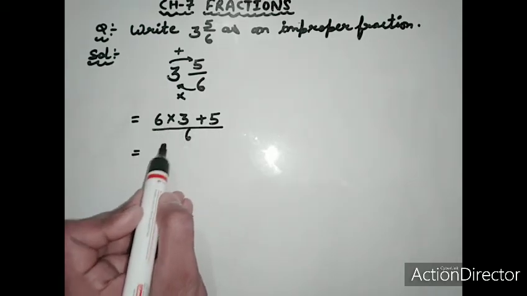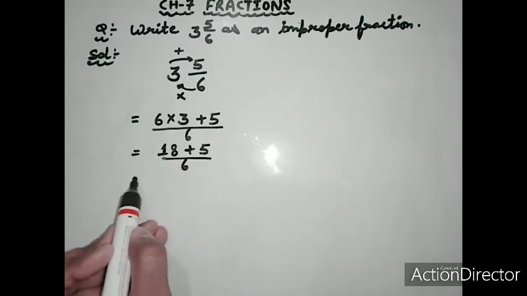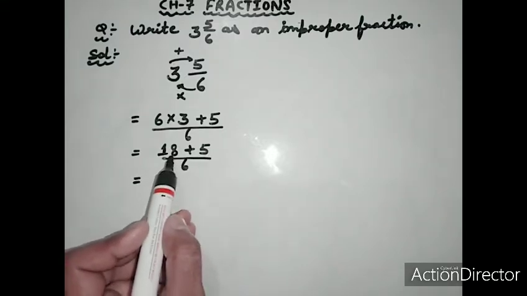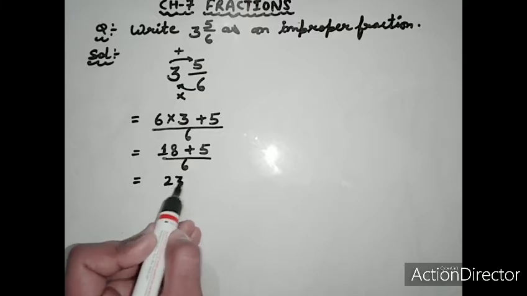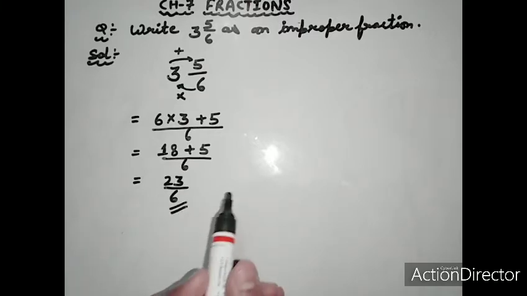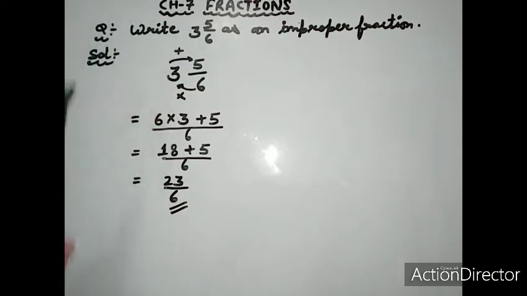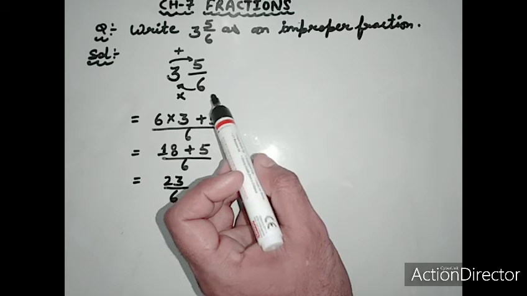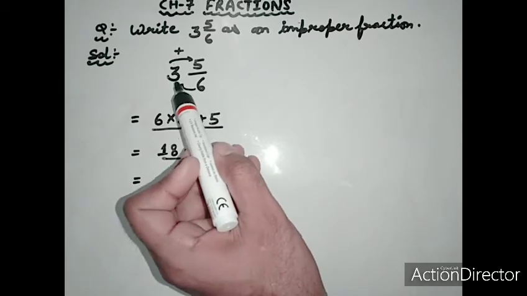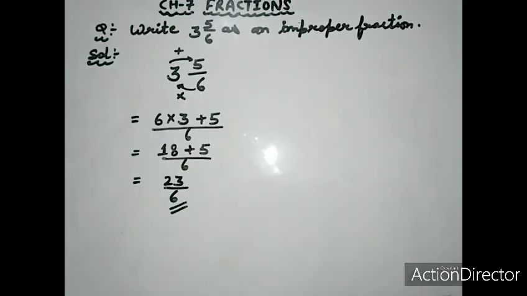Now 6 3s are 18, plus 5, upon 6. 18 plus 5 is 23 upon 6. So the improper fraction form of the mixed number 3 whole 5 upon 6 is 23 upon 6. You can also find it directly: 6 3s are 18 and 18 plus 5 is 23 upon 6.